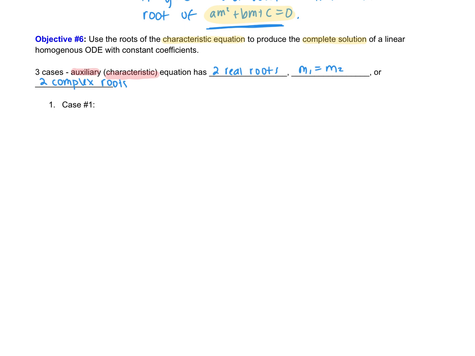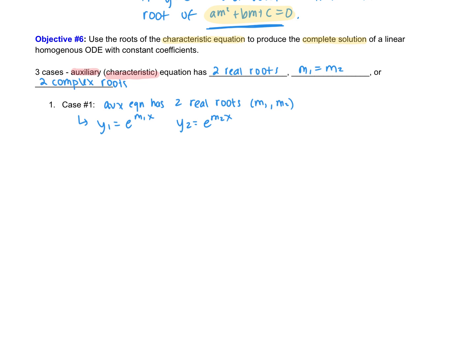Case number 1 is that our auxiliary equation has two real roots, and we're going to call those roots m1 and m2. What that means then is that our first solution is e to the m1x, and our second solution is e to the m2x.